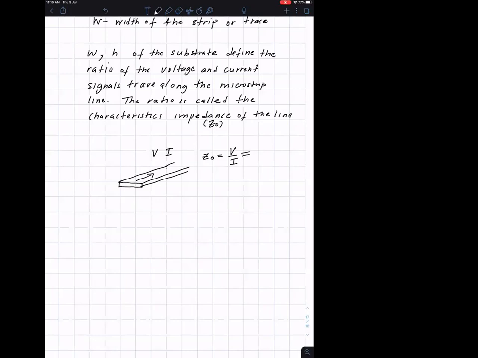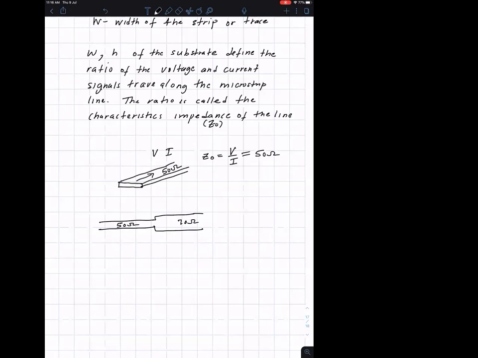This is a 50 ohms line. Let's say we are designing a 50 ohms line, then it must be 50 ohms everywhere. Let's say the signal is traveling, it's 50 ohms, we design for 50 ohms, and then suddenly the impedance changes here, let's say to 70 ohms.